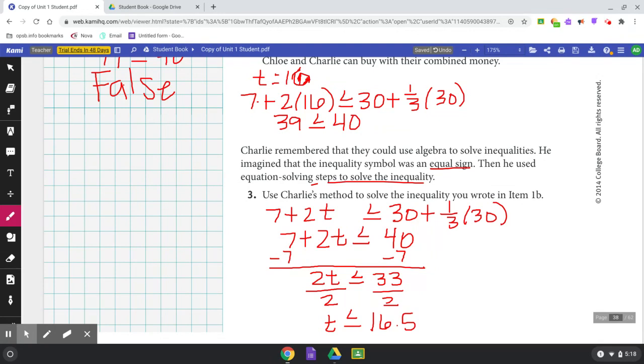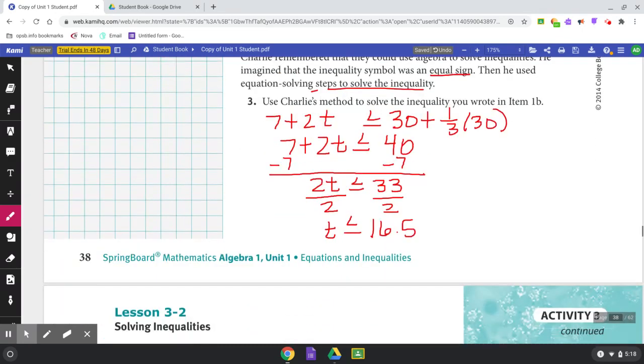Well, when we are talking about in terms of the toys, can you buy 16.5 toys? No. So you would not round this up. In mathematics, typically you round 16.5 up to 17, but what happens when you round to 17?